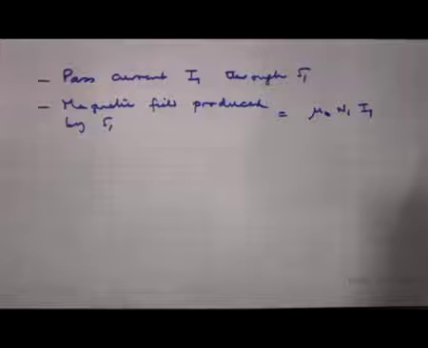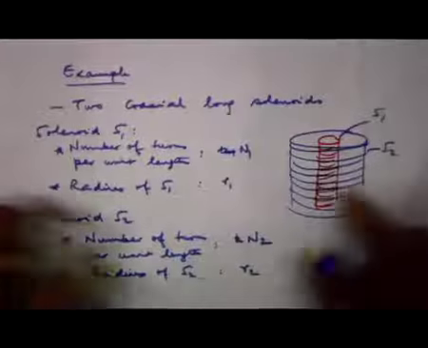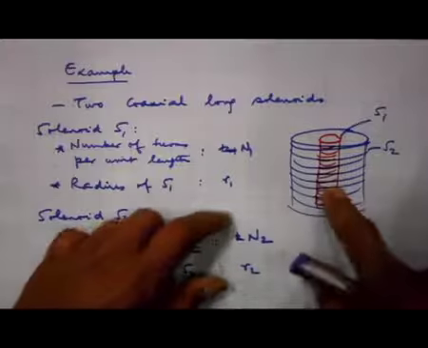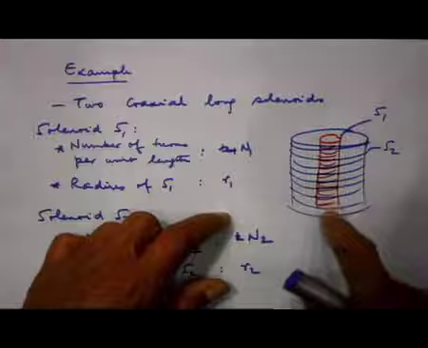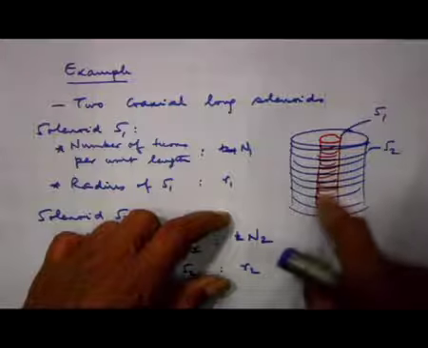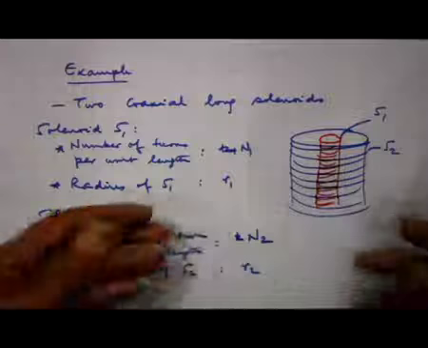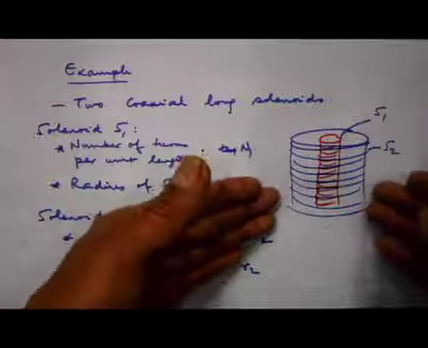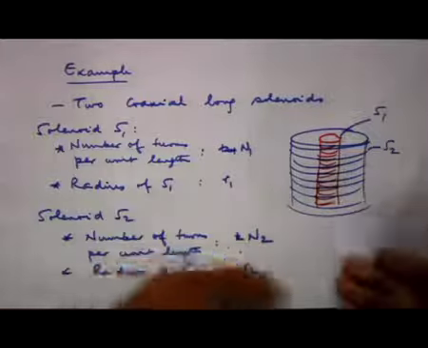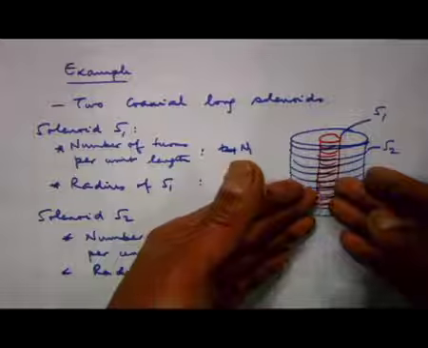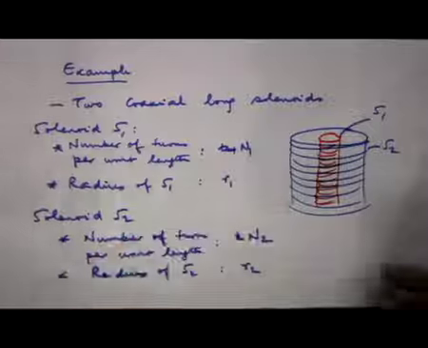Now, please remember the solenoid S2 is surrounding solenoid S1. So, the magnetic field generated by S1 forms a part of the magnetic flux that is crossing S2. Because of the magnetic field generated by S1, there is a magnetic flux through S2.